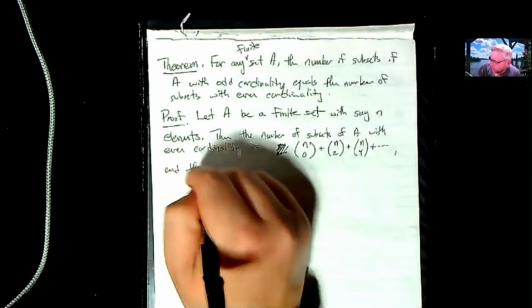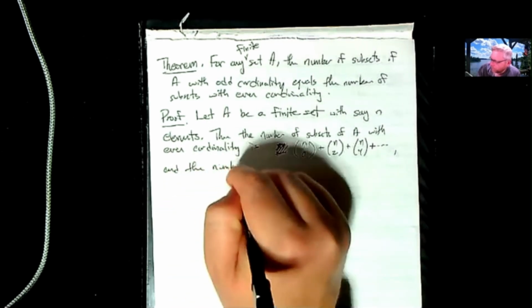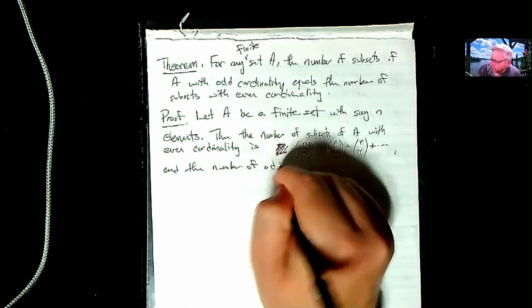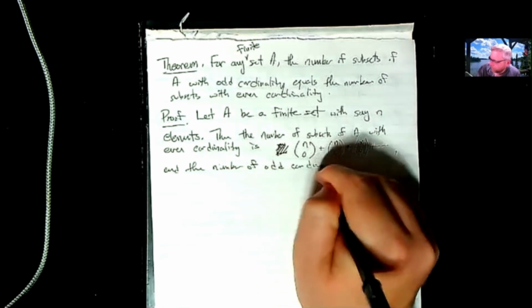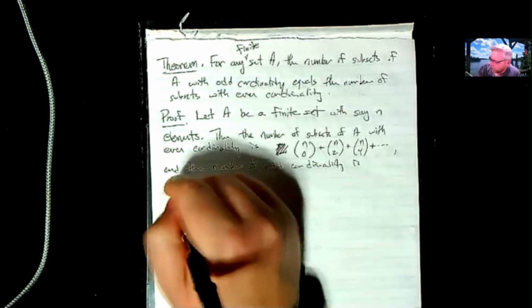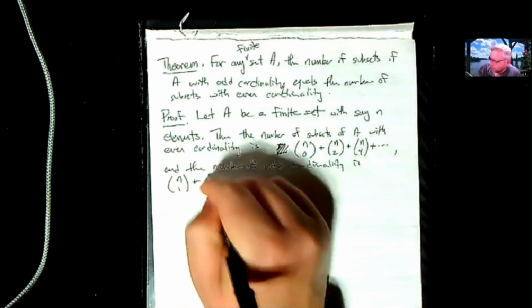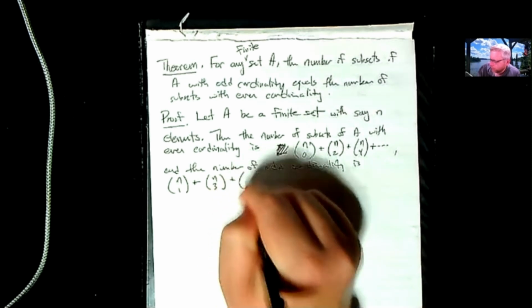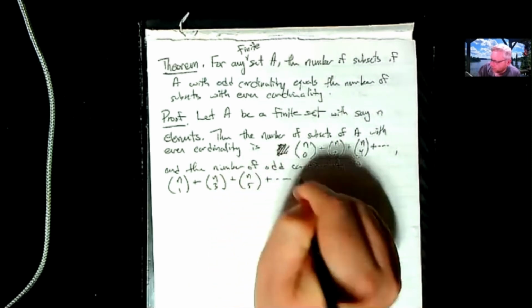And the number of odd cardinality is n choose 1 plus n choose 3 plus n choose 5, and so on, period.